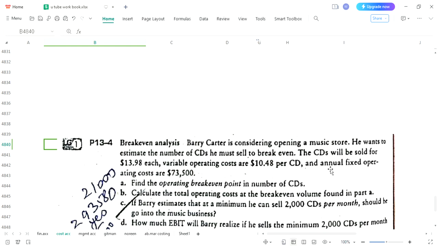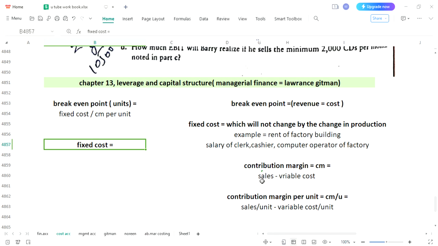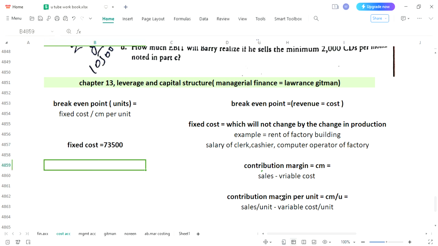Annual fixed operating cost is 73,500. So you can write 73,500. First factor we have noted down, 73,500, and next is CM per unit we will calculate, and we'll follow this formula.